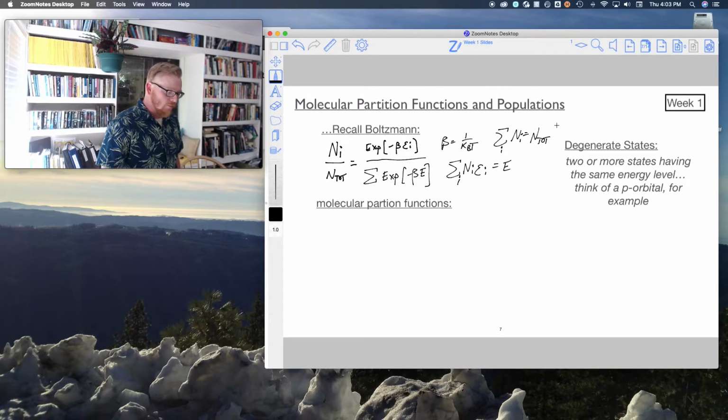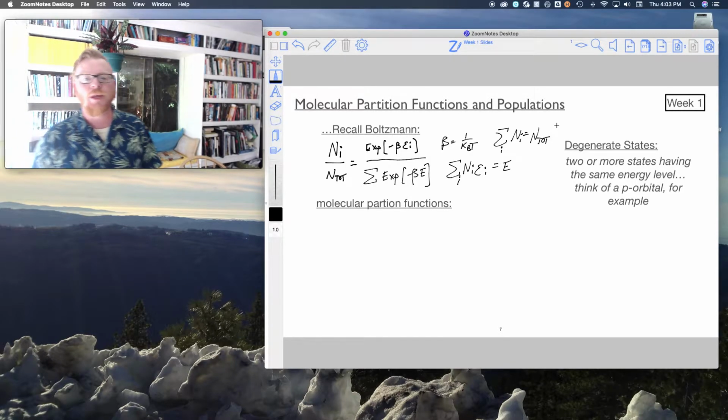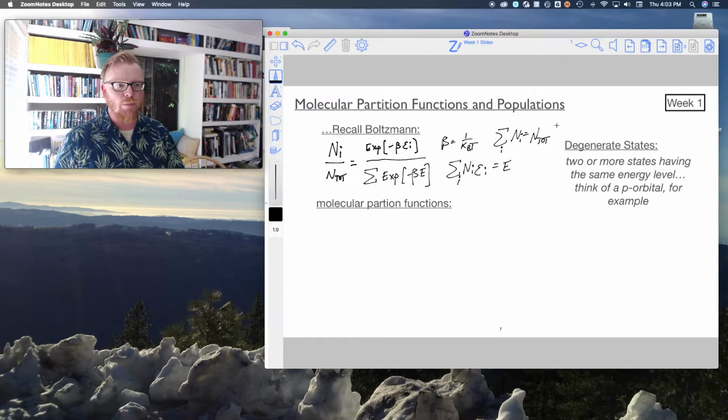So you can see that this is really still the same Boltzmann equation we wrote last time. It's just slightly different, using a little bit of algebra as a matter of convenience.